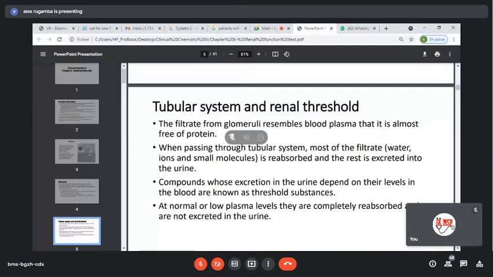The compounds whose excretion in the urine depends on the level in the blood are known as threshold substances. So I will show you the renal threshold, how it is calculated, and what it is. At normal or low plasma levels, they are completely absorbed and are not excreted in the urine.